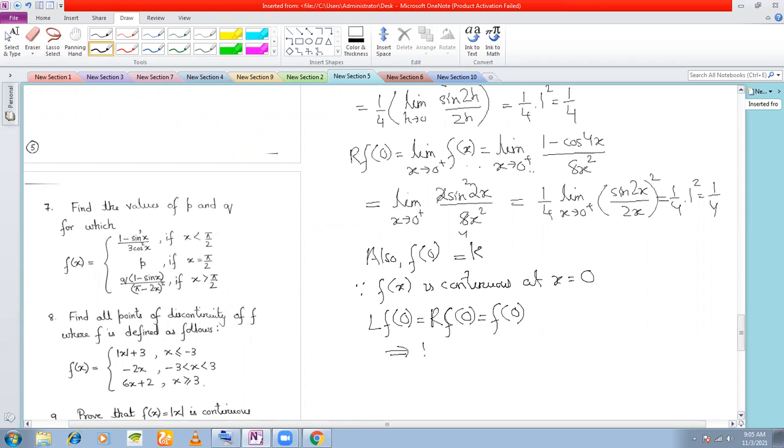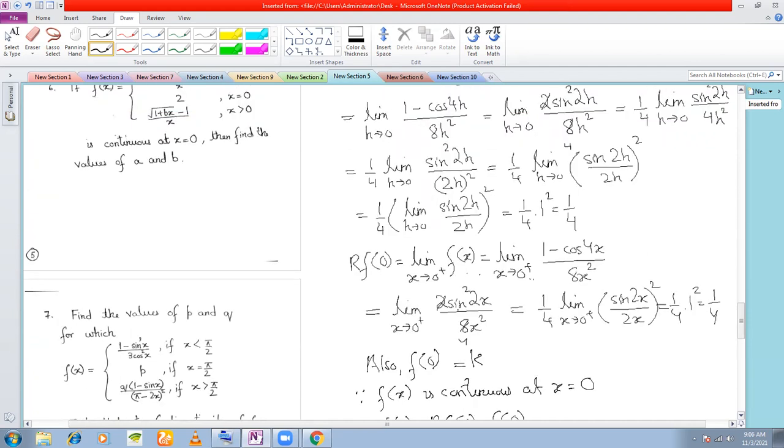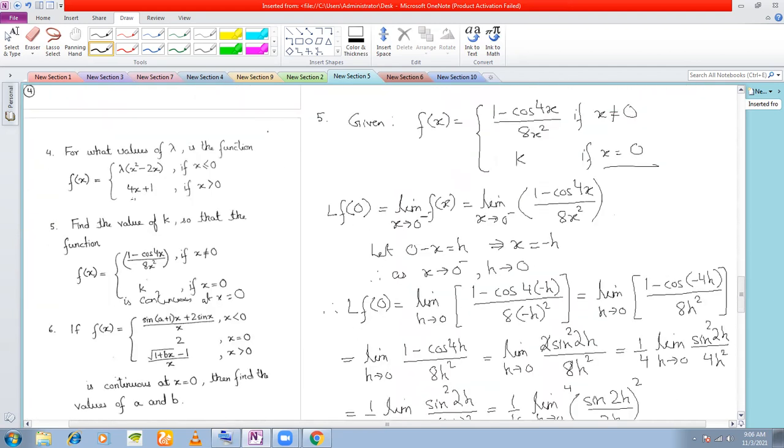So that means you get k is equal to 1/4. And that is the value of k that you need to find out. Fine. So this finishes our question number 5. Move on to question number 6.